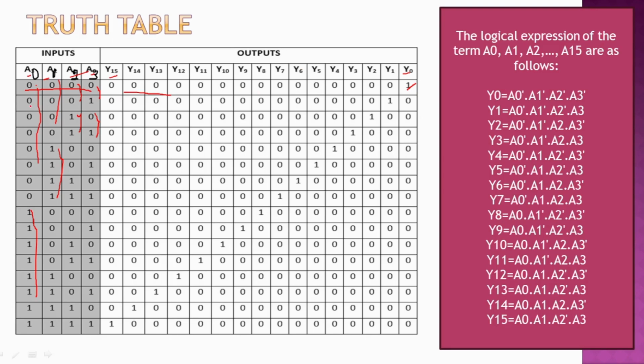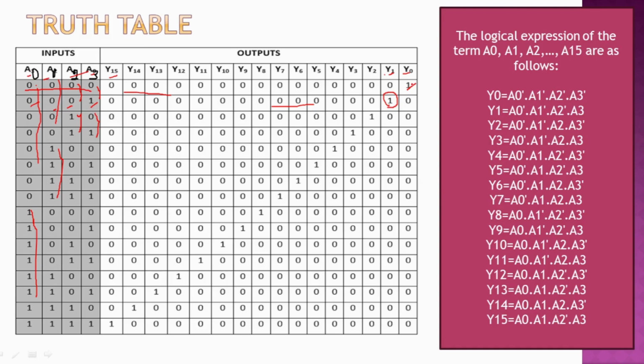When you give A0 as 0, A1 as 0, A2 as 0 and A3 as 1, your next output, Y1, will be 1 and the remaining 15 will be 0. Likewise, you need to get an output from Y0 to Y15.